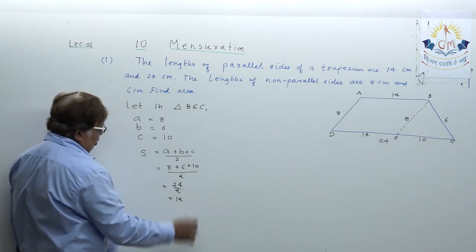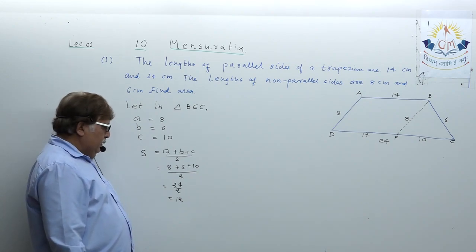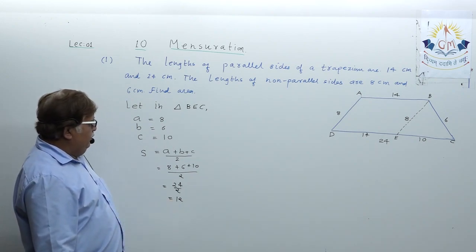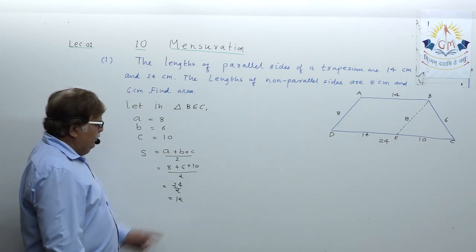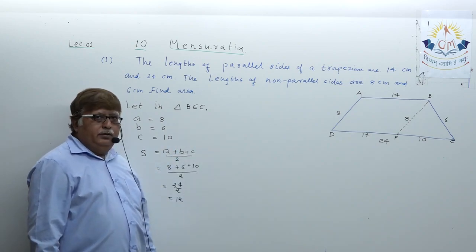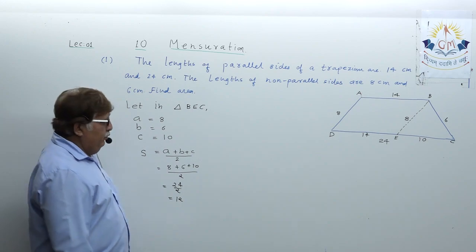Okay, so you got the semi-perimeter. After getting semi-perimeter, let us find the area of triangle BEC by Heron's formula.